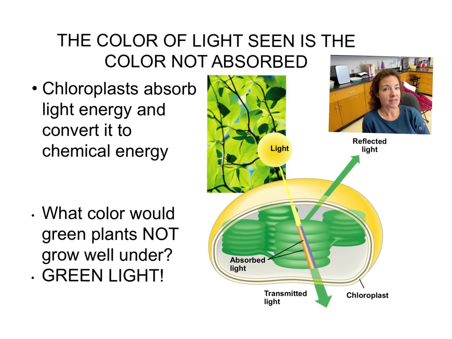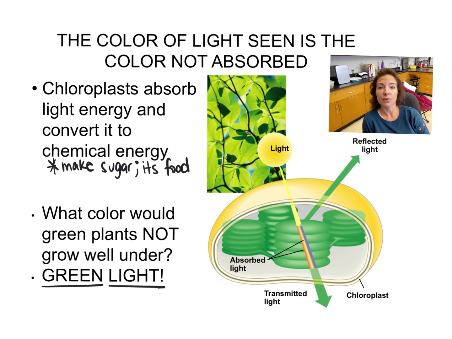So that means that plants that are green are not going to grow very well under green light. If you recall, when we did our bottle ecosystem, I said we couldn't use green bottles. Here's the reason why. If we put our plants into the green bottles, then only the green light is going to be coming through.